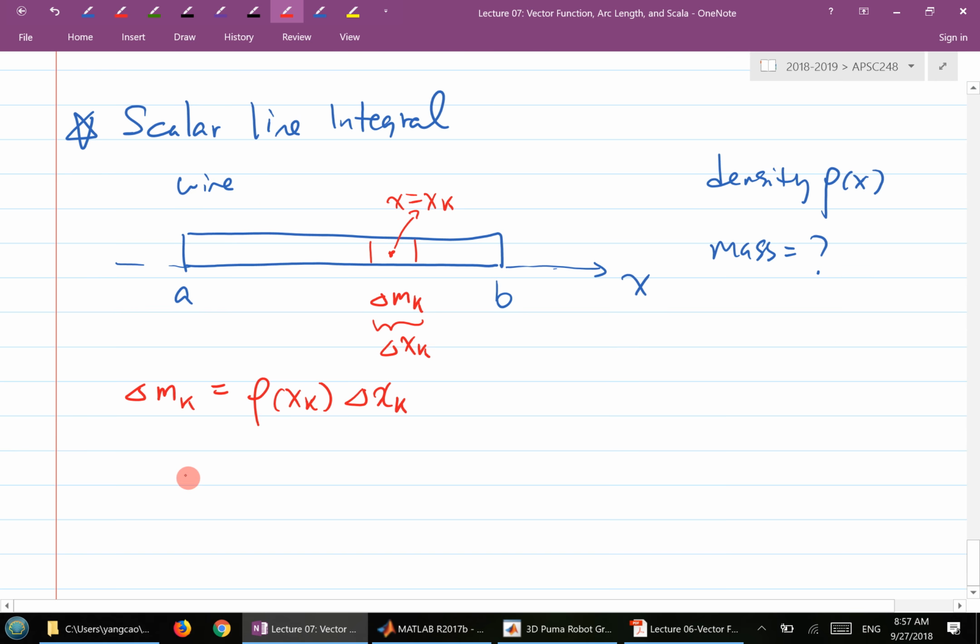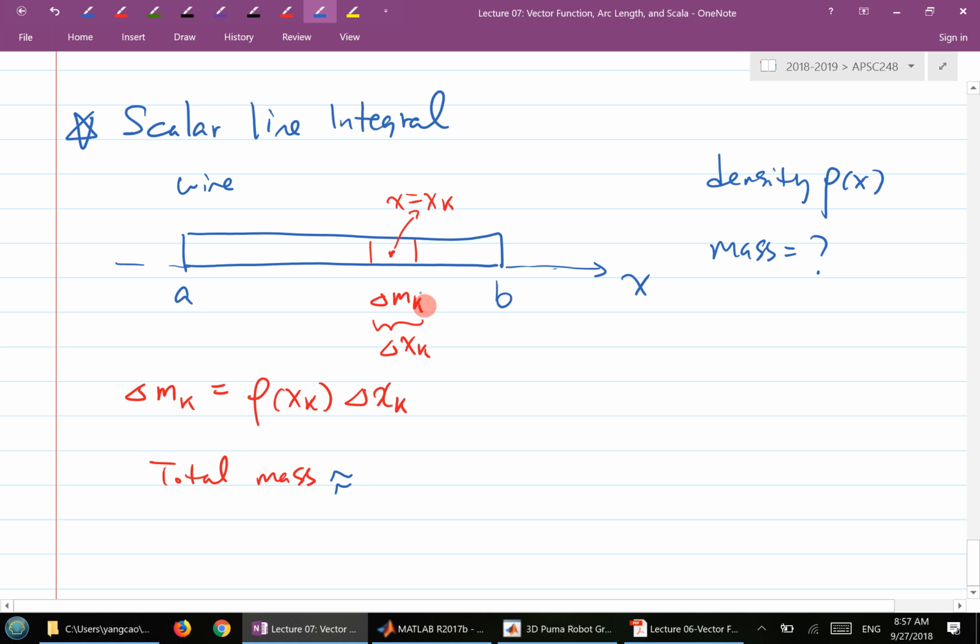Then if I need to know the total mass, it can be approximated by adding up the masses of all of the small segments.